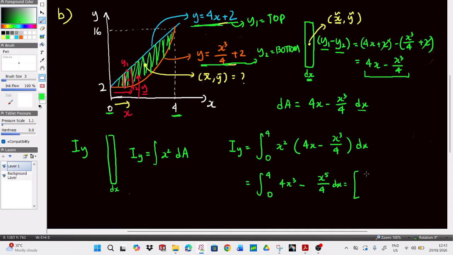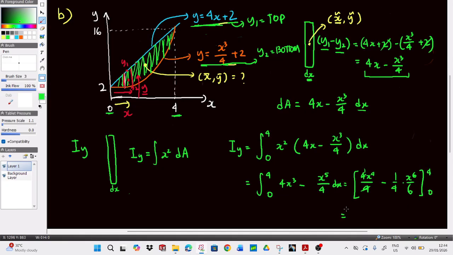You find the antiderivative: 4x to the power of 4 over 4, which is just x to the power of 4, and then minus 1 over 4 times x to the power of 6 over 6, and then you put in your limits 4 and 0.